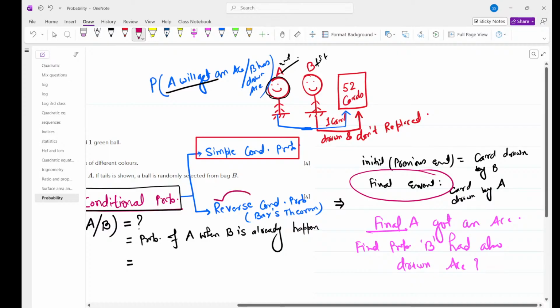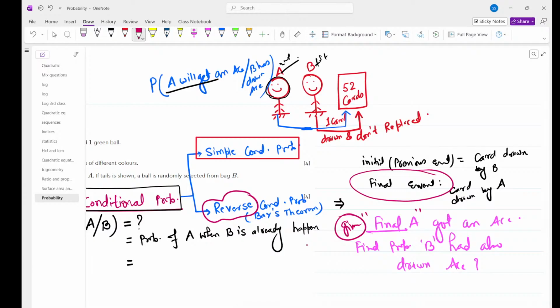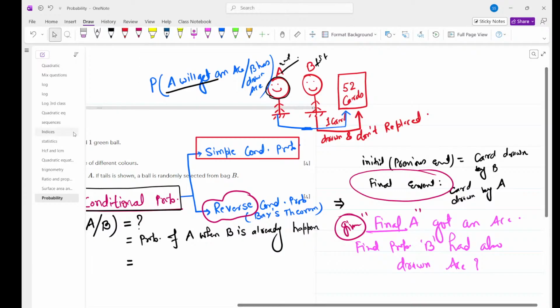That's why the name is reverse. We are going in reverse. Are you getting this basic difference?